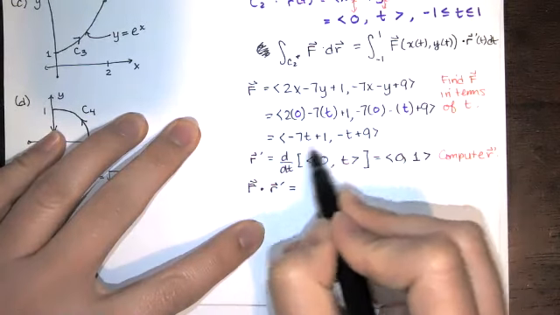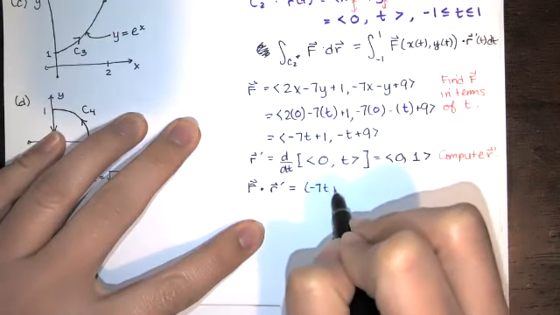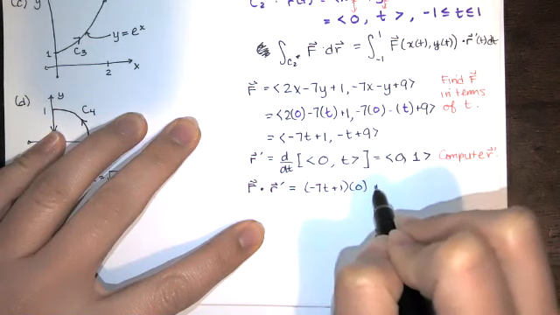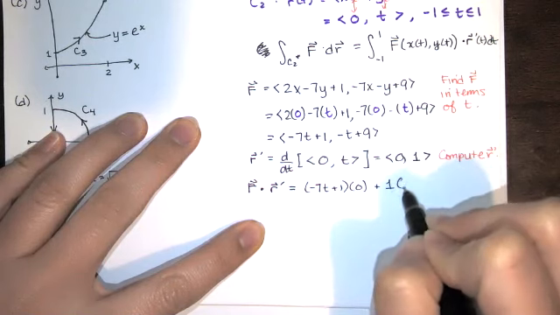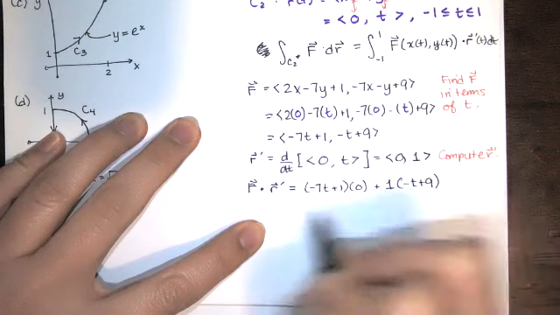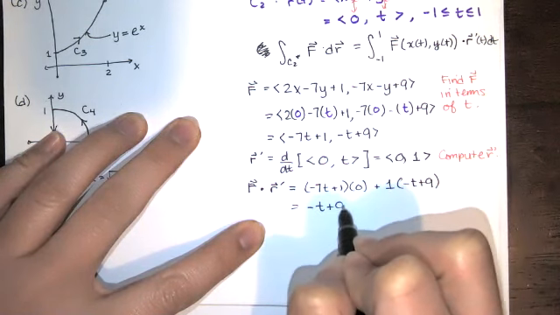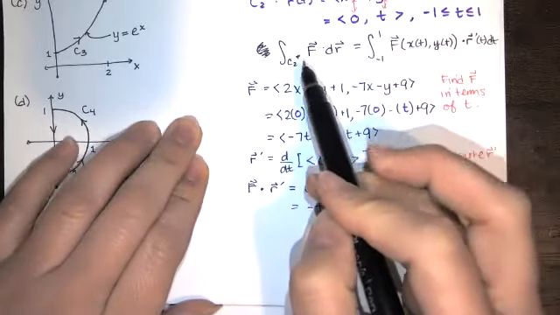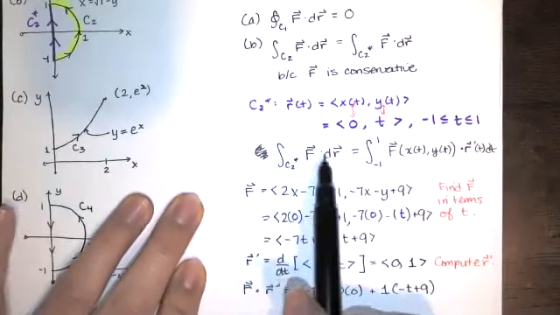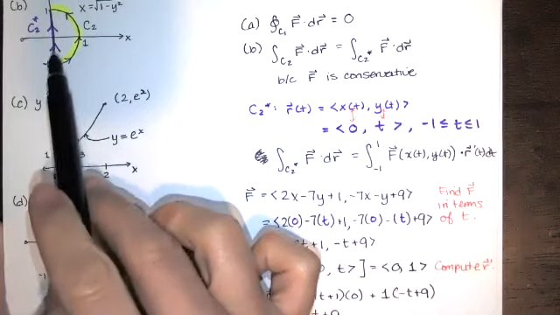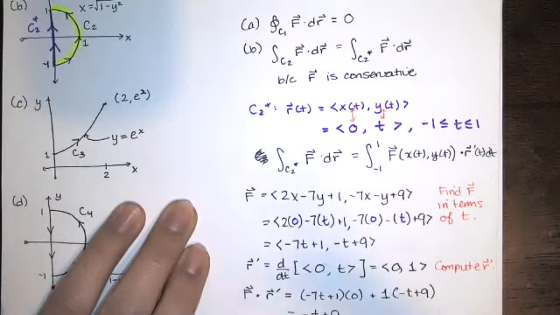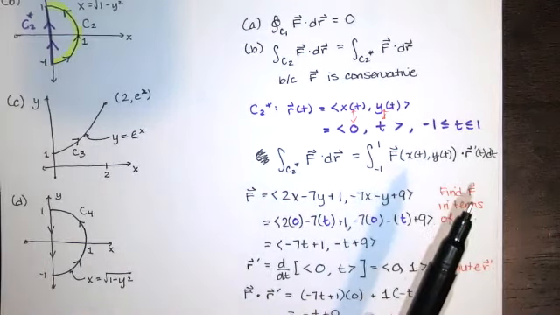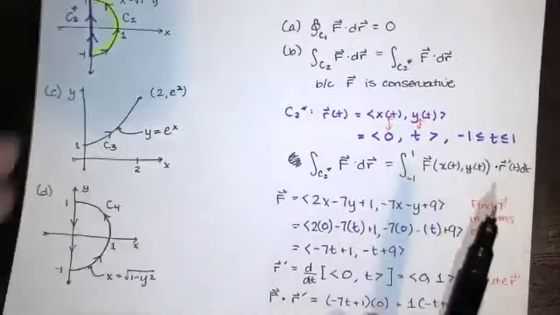It's just going to be this component times 0, which of course is nothing, plus this component times 1. And so we get -t plus 9 as our integrand. And we're going to integrate that from -1 to 1 to get the value of the line integral over this path, which is equal to the value of the line integral over that path, because our field is conservative, and that means these line integrals are path independent.